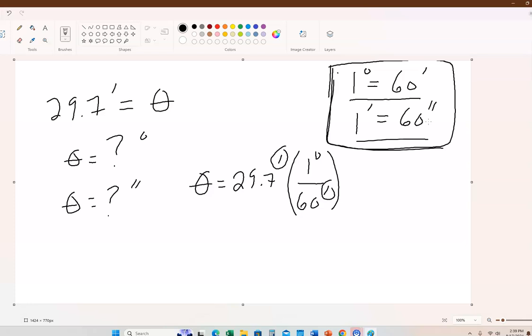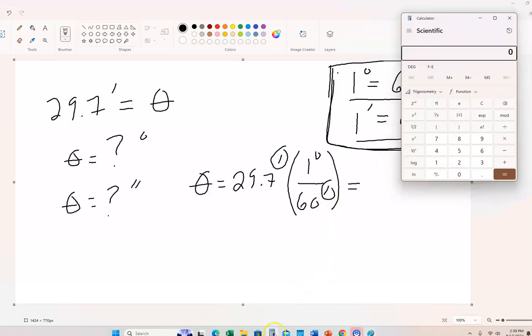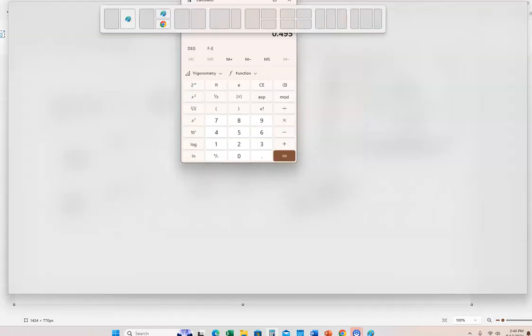So once you do the mathematical calculation of 29.7 divided by 60, let me get my calculator. Here's the calculator. That's the only reason I use this, because it appears nicely on screen. So 29.7 divided by 60 will be how many degrees it is. It's 0.495.